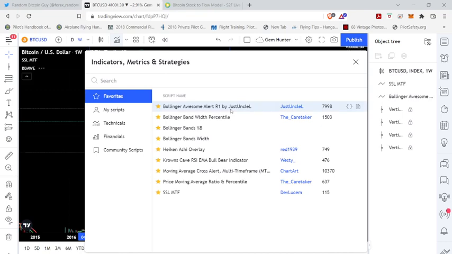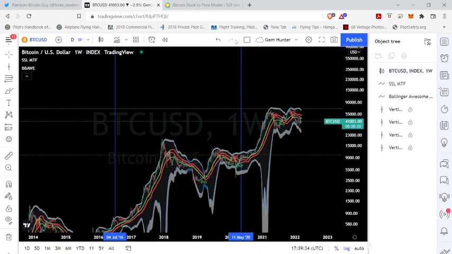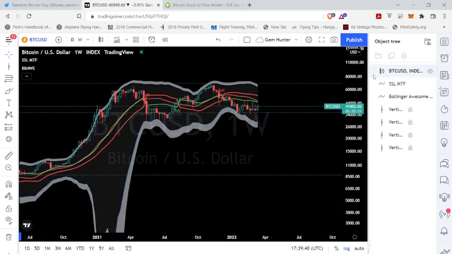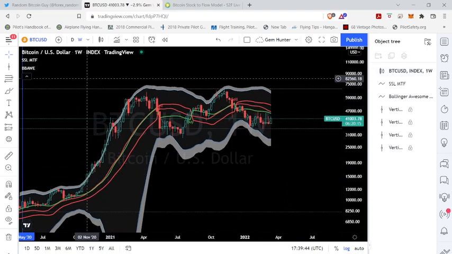But any Bollinger, but this is the one we want to work with. So we're going to add this indicator on here, and we're going to change some of the settings a little bit, clean it up, make it a little nicer, and I'm going to zoom in a little bit as well, so you can see what's going on here. I'm in the weekly right now. I have to switch this over to daily.